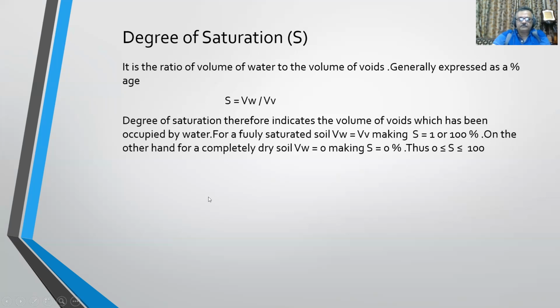We have three types of soil: fully saturated soil, dry soil, and partially saturated soil. For fully saturated soil, we take the value of S equal to 1. For dry soil, we take S equal to 0, and for partially saturated soil we have to calculate the value of S by this formula.